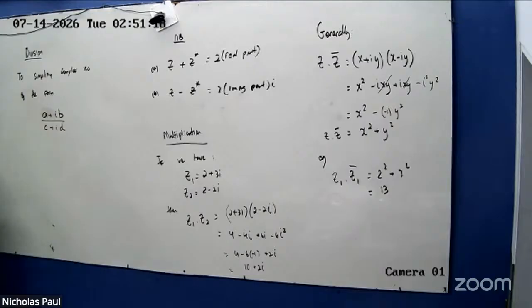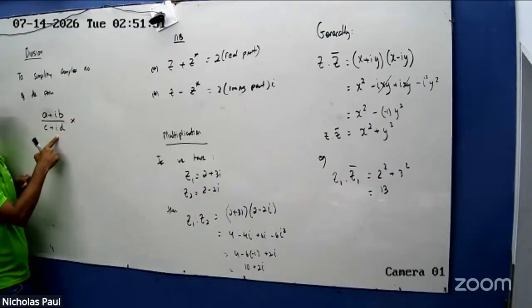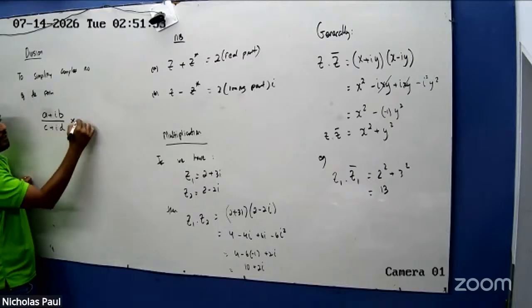Suppose we had to simplify complex numbers of this form. Any ideas what we could do, based on the hint that I showed you? Right? Multiply by the conjugate of the denominator over itself.